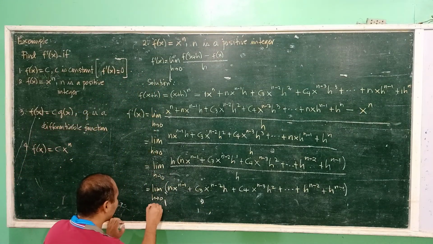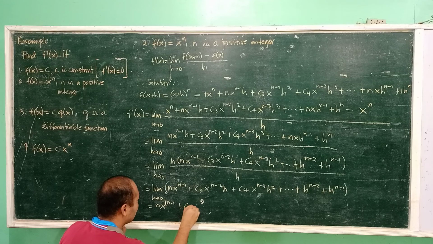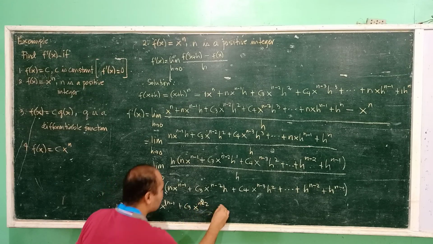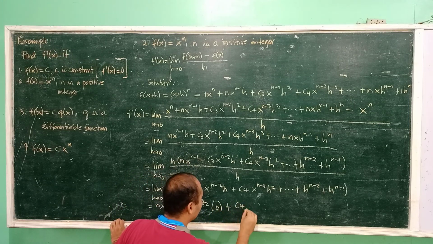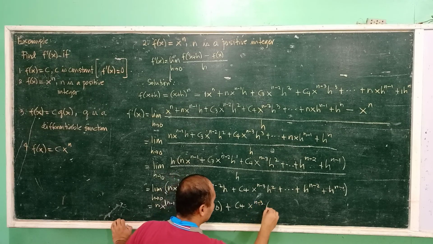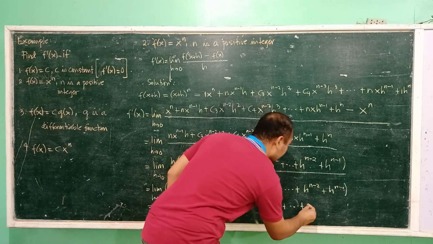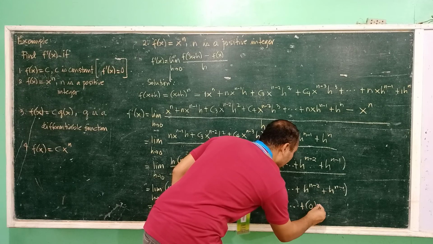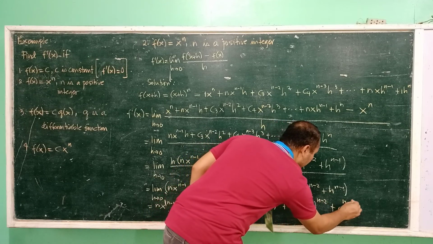So we have n x to the n minus 1 plus c sub 3 x to the n minus 2 times 0 plus c sub 4 x to the n minus 3 times 0 squared plus, that is 0 to the power of n minus 2 plus 0 to the n minus 1.